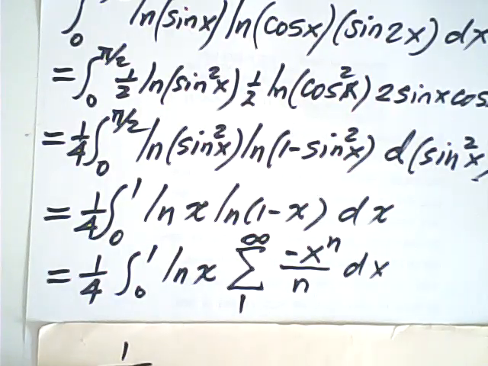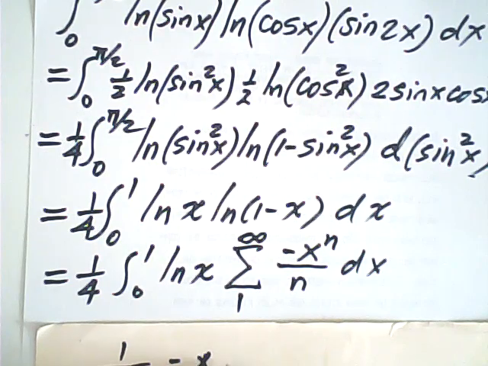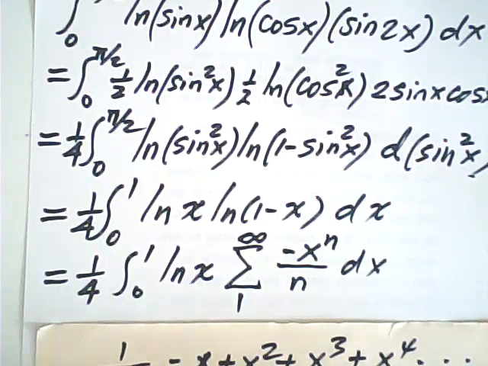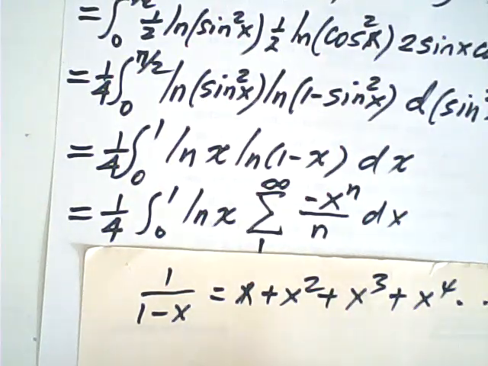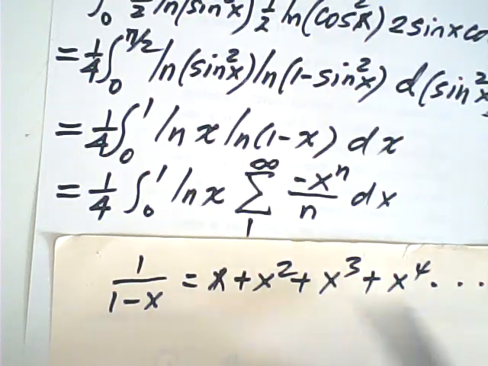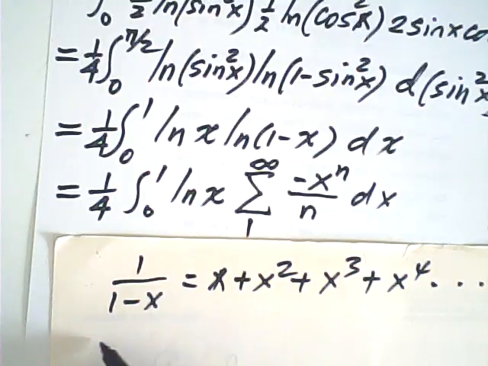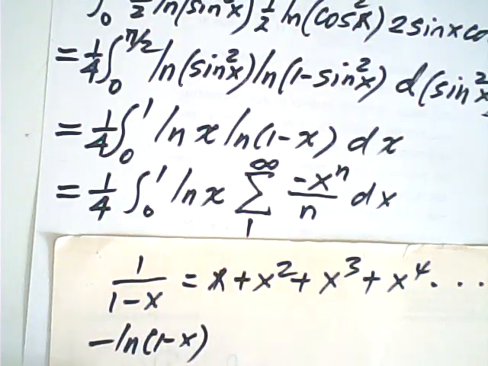We know 1 over 1 minus x is equal to 1 plus x plus x squared plus x cubed plus x to the fourth, right? That is obvious. Then we integrate both sides with respect to x. So this will be negative log 1 minus x.